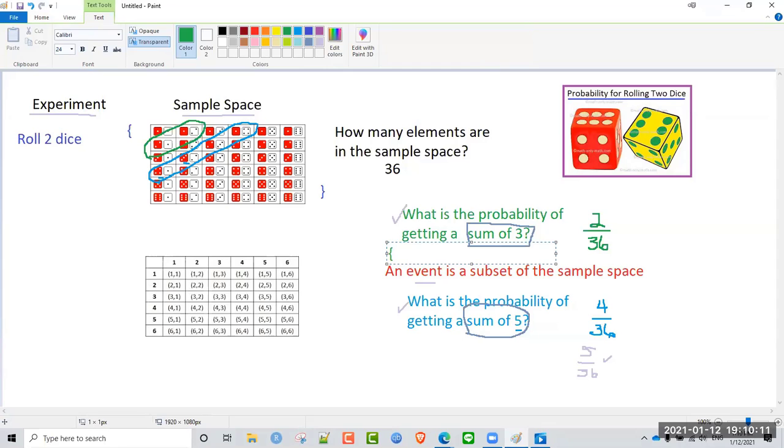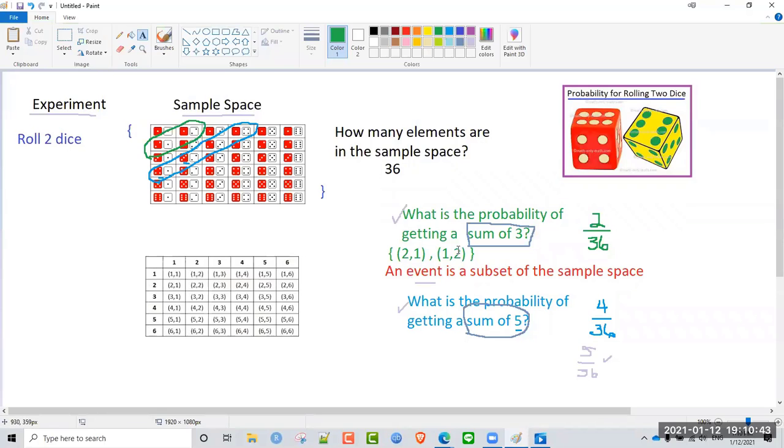And which are going to be the elements in here? 2, comma 1. I guess I can put commas there. Yeah, they put commas in the table below here, so I'll do the same thing. So 2, comma 1. 1, comma 2. Okay. So now we're writing it as a subset.